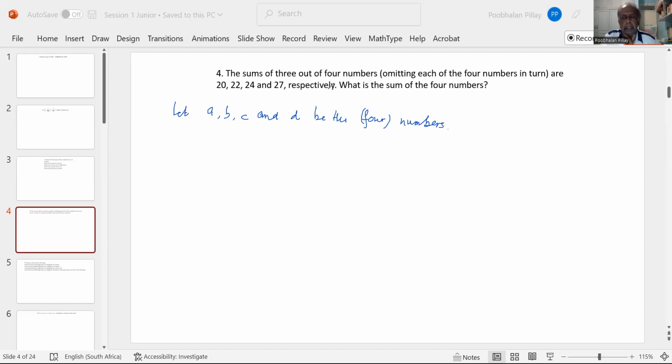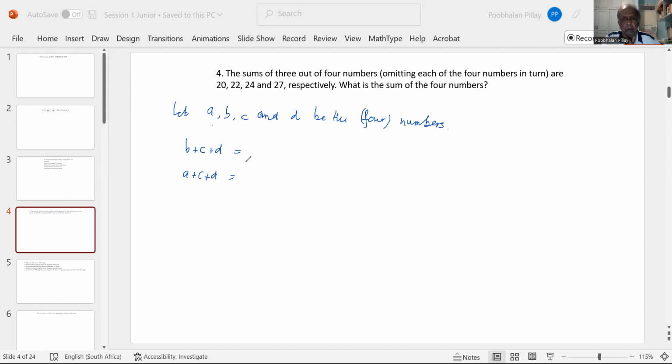Right. Now, bearing that in mind, they say the sum of 3 out of those 4. In other words, if I pull out A, then the sum of these 3 numbers is equal to one of these. We don't know which one. And then if you pull out B, you'll have A plus C plus D. The sum of those 3 numbers is again equal to one of those.